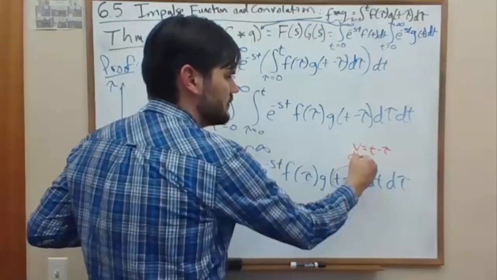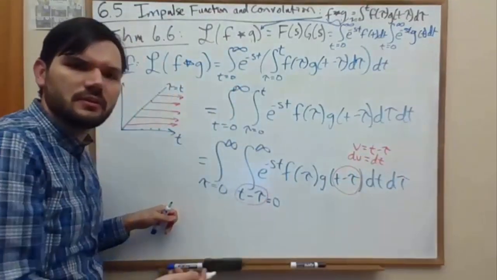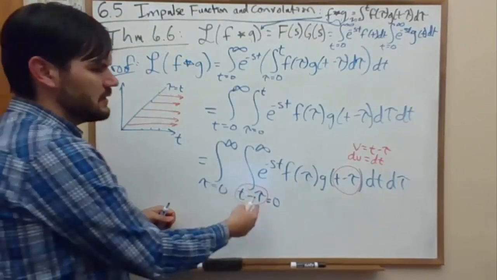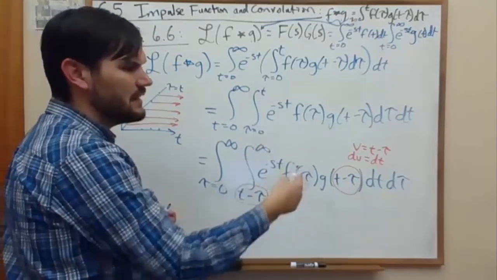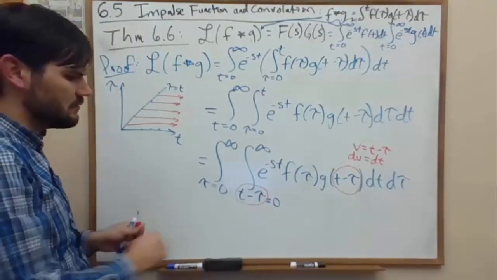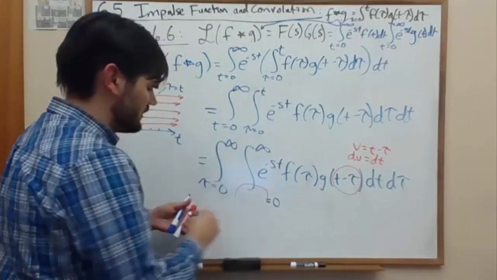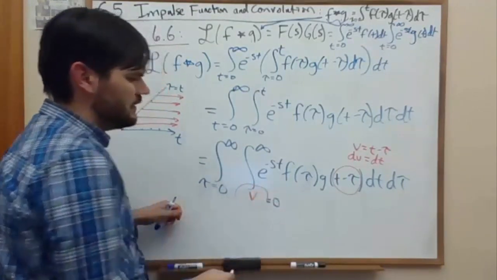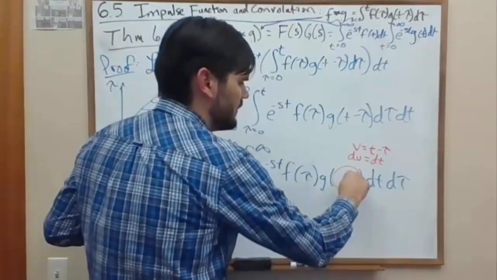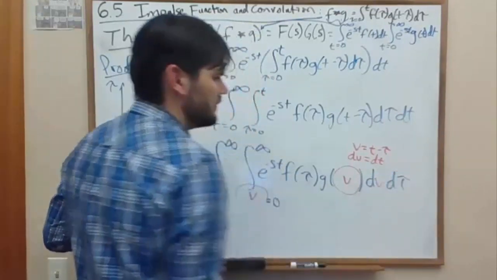And then dv would just be dt, because tau is treated as a constant in this inner integral. And if we go up to the top, we get infinity minus tau is still infinity. And that allows us to rewrite this t minus tau as a v equals 0. We can rewrite this t minus tau as a v. We can rewrite our dt as a dv.